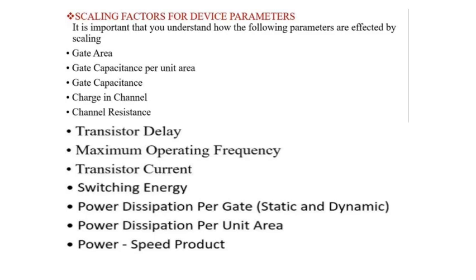Everything is going to be affected by the scaling process. So in terms of alpha and beta, how these different parameters are going to change or improve, we will analyze one by one.